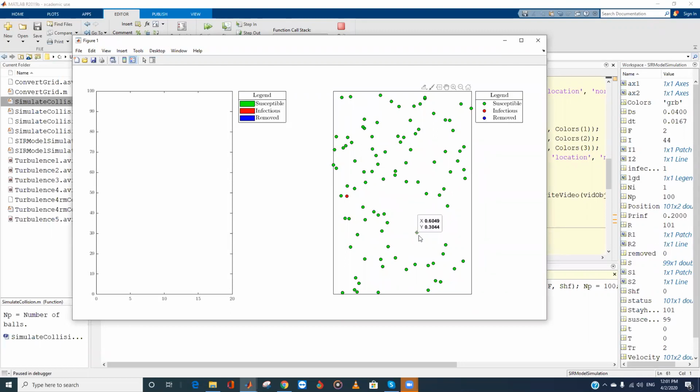In this model, for someone to become infected, you just have to be close to an individual that is already infected. As the time evolves, I use the velocity to change the position of each particle. You do that with x plus v times delta t.